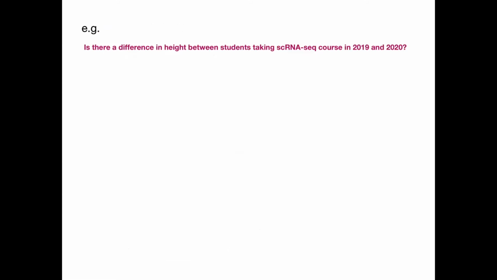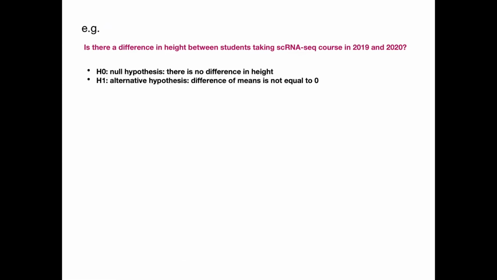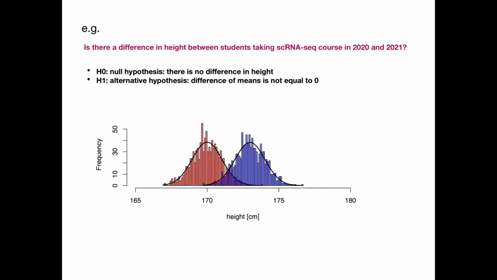As an example, is there a difference in height between the students from last year and you guys? The null hypothesis would be there is no difference, and then we can have an alternative hypothesis that there is a change. Then we can look at the values. This is probably not the true values.